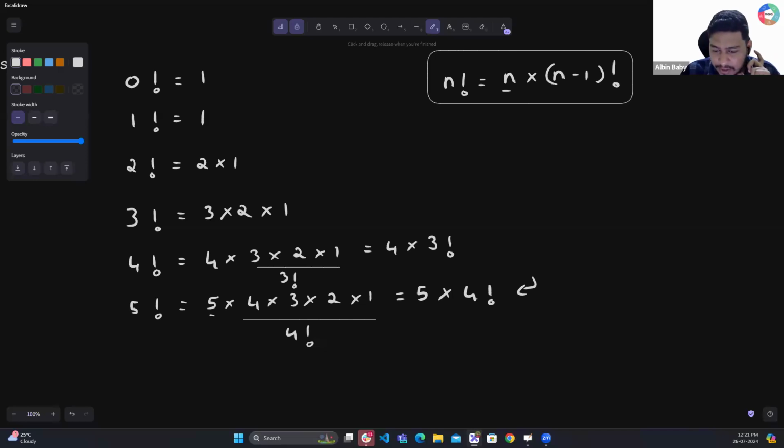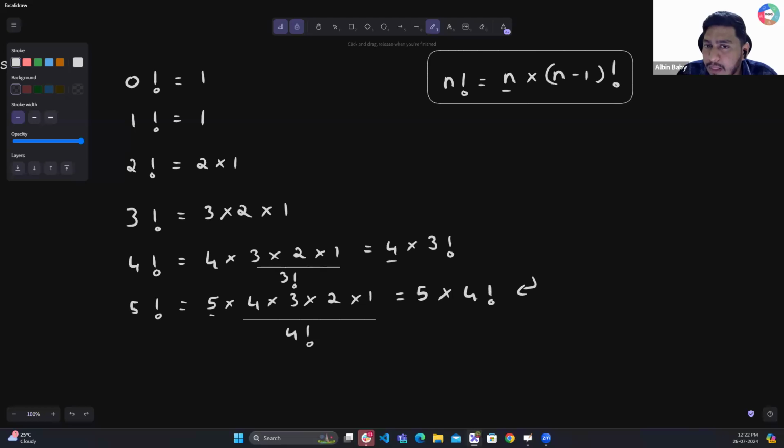Don't worry, I'll take doubts at the end of the session. See, 0 factorial is 1, 1 factorial is 1, 2 factorial is 2 into 1, 3 factorial is 3 into 2 into 1, 4 factorial is 4 into 3 into 2 into 1. But 3 into 2 into 1 is 3 factorial, so I can write it as 4 into 3 factorial. 5 factorial is 5 into 4 into 3 into 2 into 1, and 4 into 3 into 2 into 1 is 4 factorial, so 5 factorial is 5 into 4 factorial.